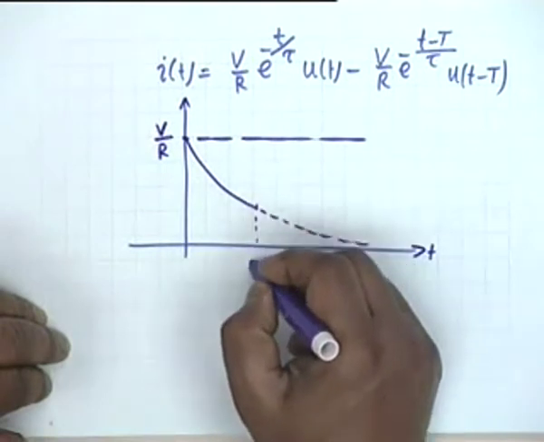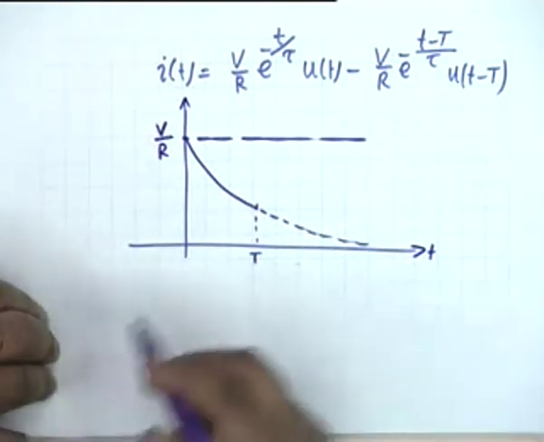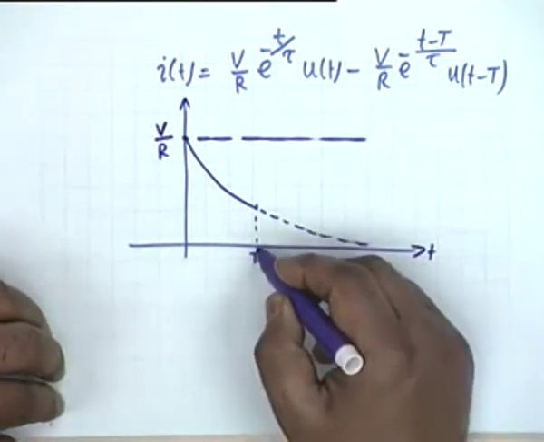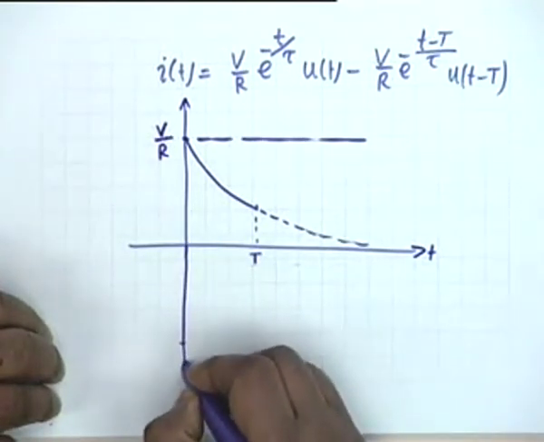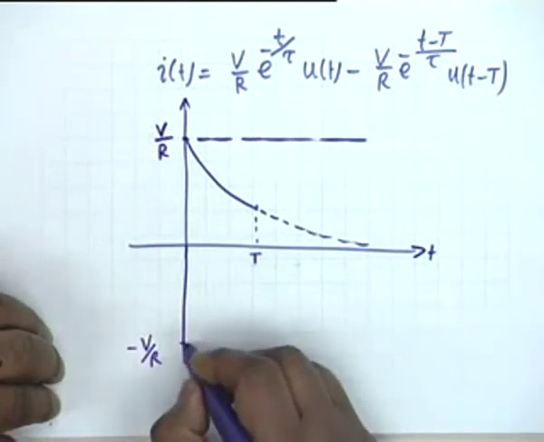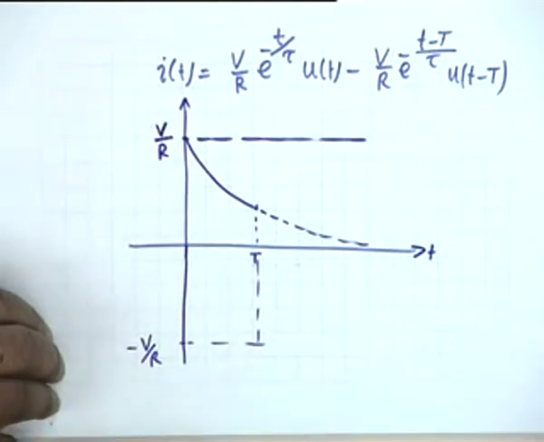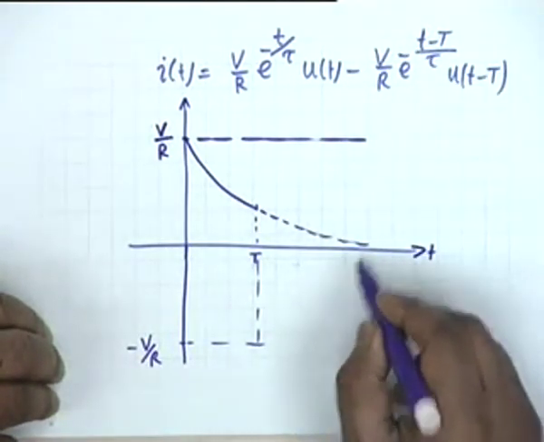But as soon as the time is capital T, it is joined by a negative current, and this negative current starts from minus V by R and goes to 0 like this. Okay, this negative term goes to 0 like this.